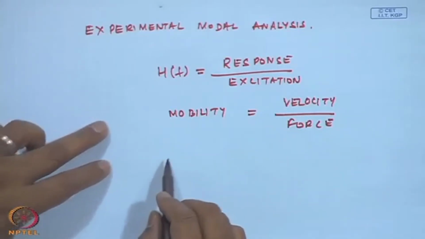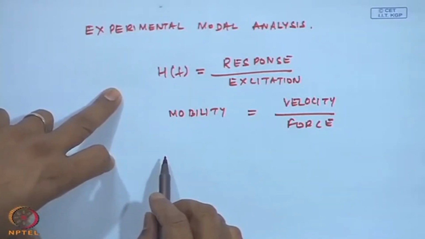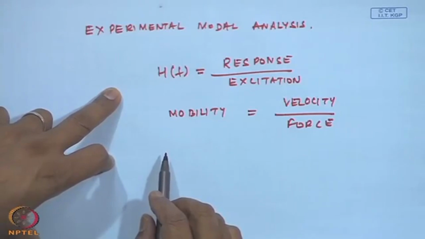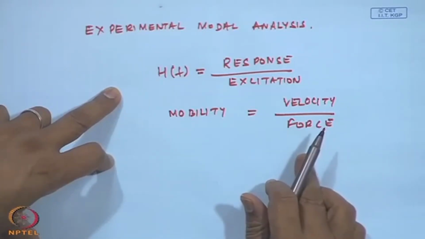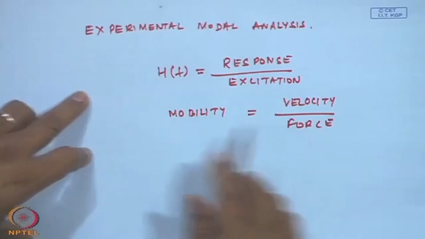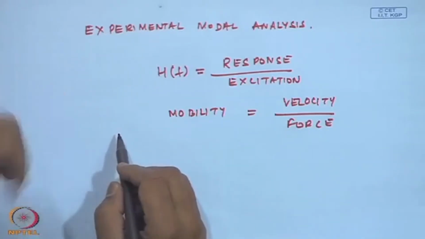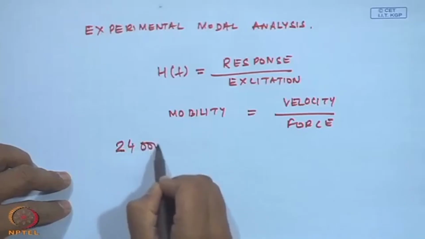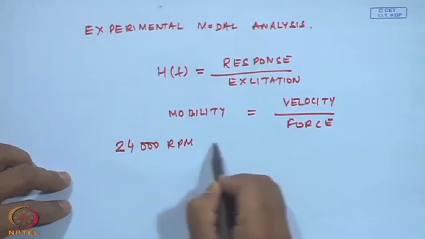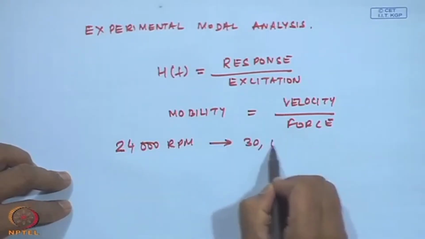So, to an unknown system where we have to do crack monitoring, all we have to do is give a certain known force at the frequency of operation. Suppose a gas turbine rotates predominantly at maybe 24,000 RPM to maybe 30,000 RPM.